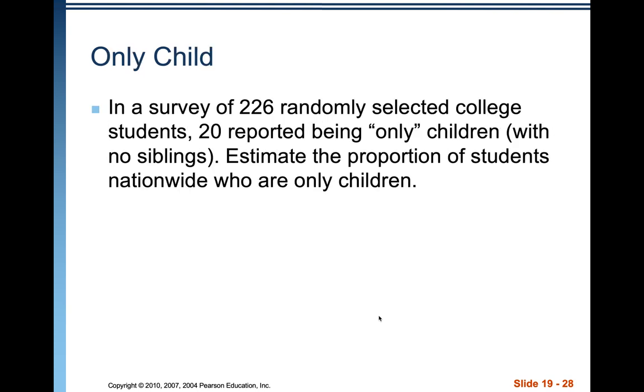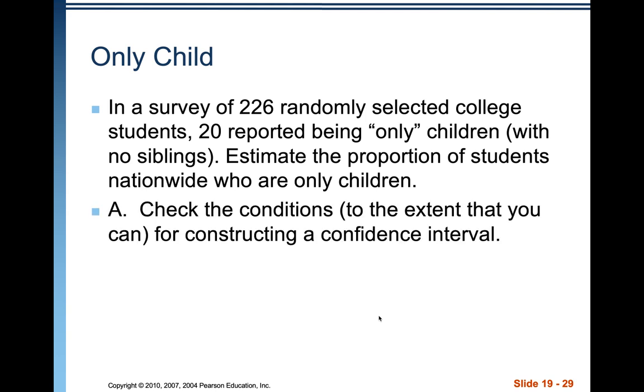All right. In a survey of 226 randomly selected college students, 20 reported being only children with no siblings. Estimate the proportion of students nationwide who are only children. First, we need to check the conditions to the extent that we can for constructing a confidence interval.